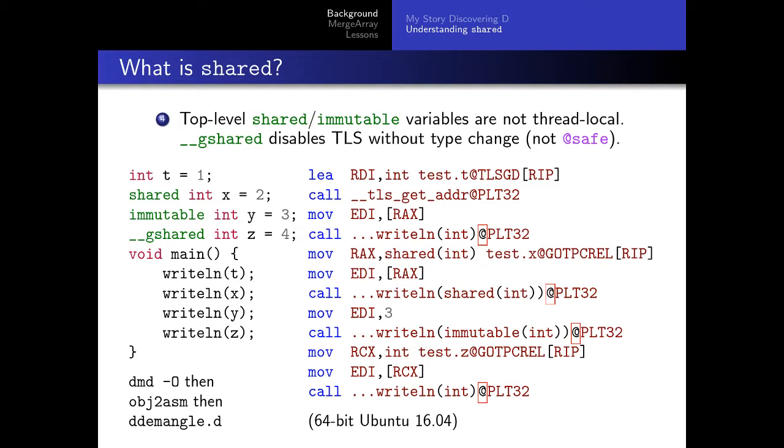Contrasting that, if you have a shared integer that's also a global, it loads it directly from the GOTPCREL part of the memory, which is the global offset table program counter relative part of memory, which basically just means it's a global, and it's not like a thread local storage index.